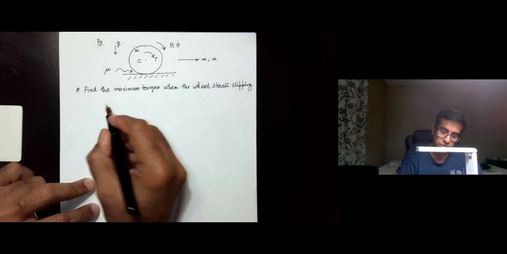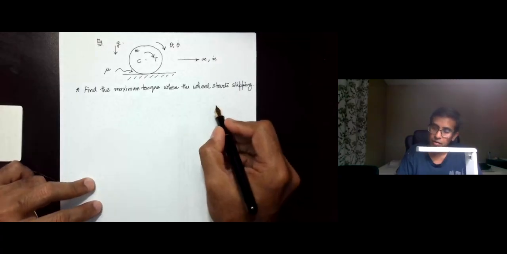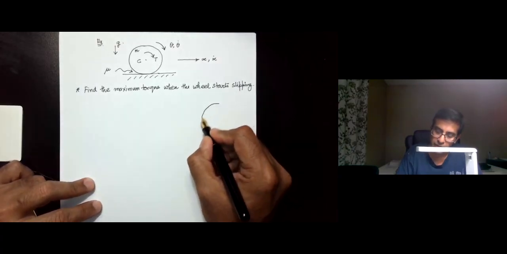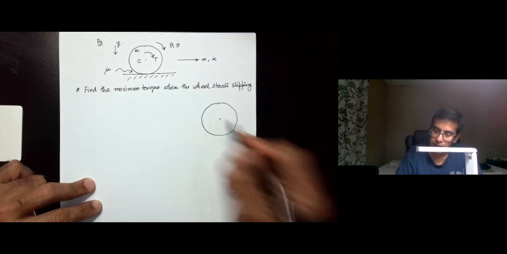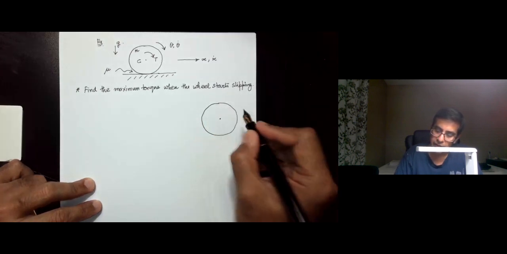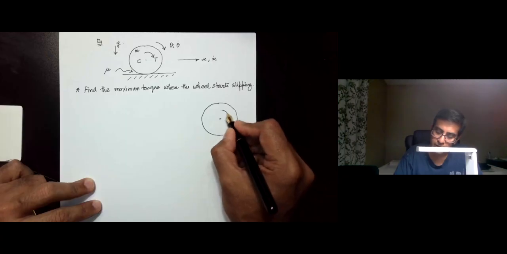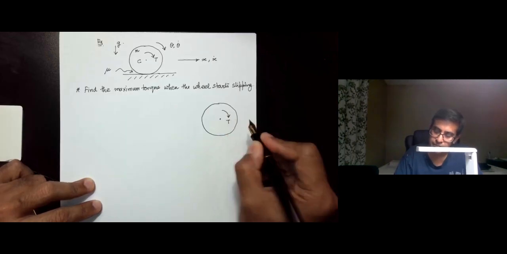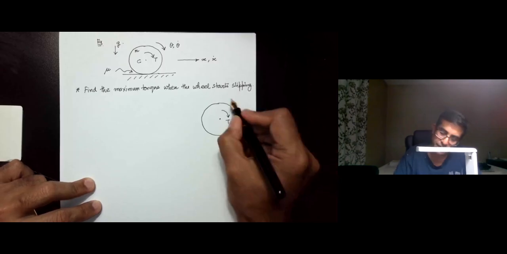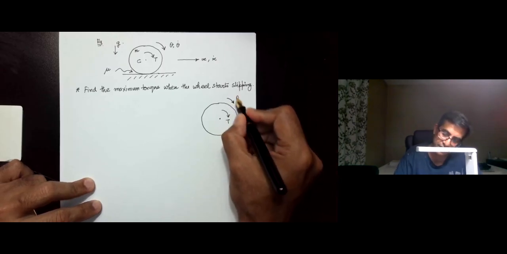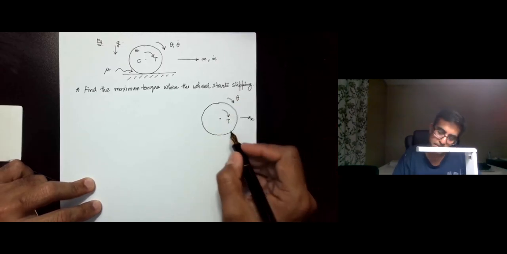All right. So let us draw the free body diagram of the wheel. So we have the torque. This is our x-axis. This is the angle theta.